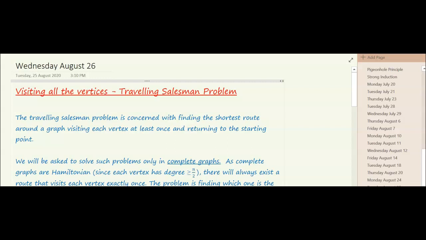But Hamiltonian cycles, do you remember, weren't as easy to find. There wasn't a certain way of knowing whether a graph was Hamiltonian, although we were able to say that if each vertex had a degree greater than or equal to n over 2 for an n-vertex graph, then it would be Hamiltonian.